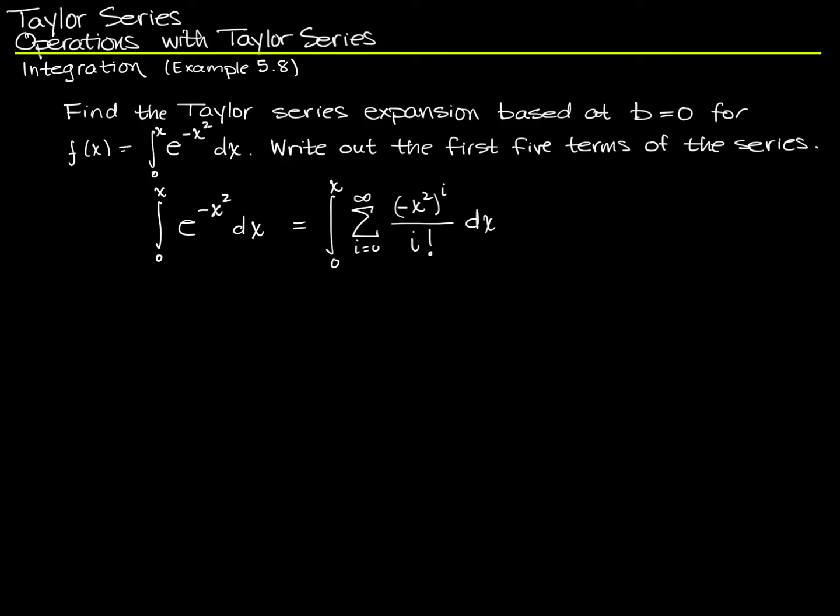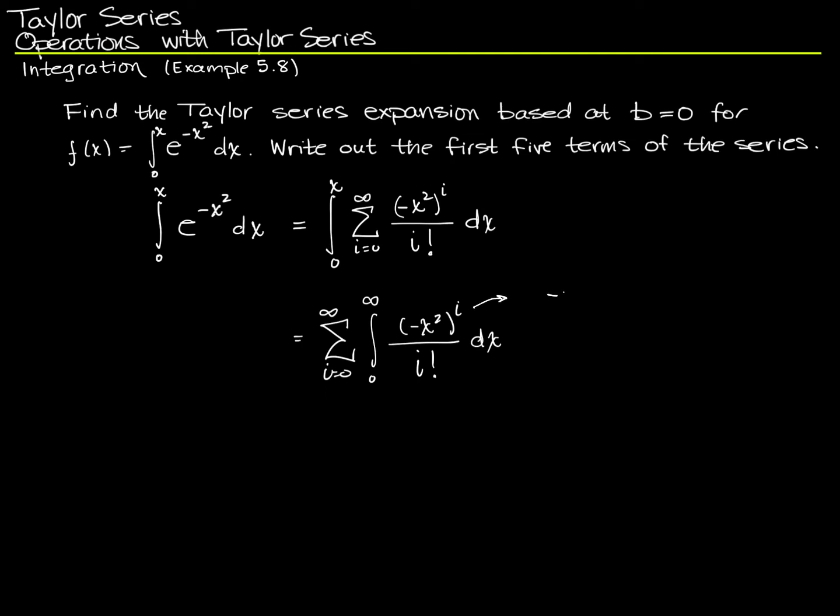Now the integral of a sum is the sum of the integral. So I can rewrite this as the sum, as i goes from 0 to infinity, of the integral of negative x squared to the power of i over i factorial dx. I'll do some algebra on this term.